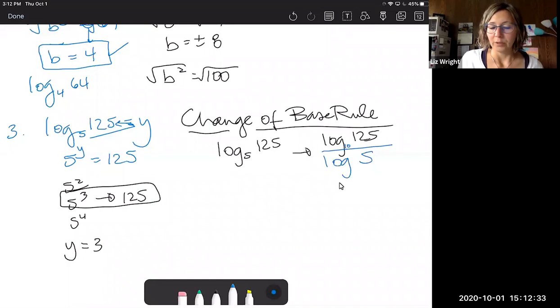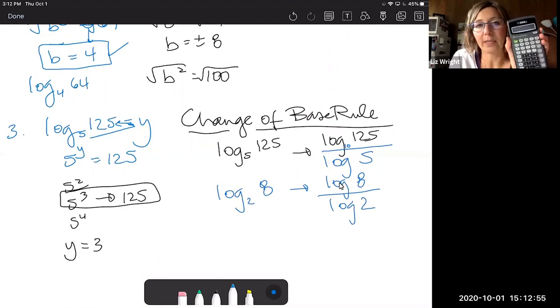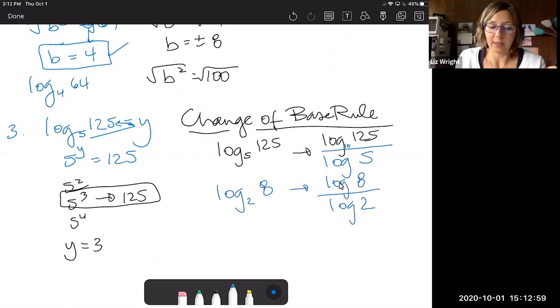If we did log base 2 of 8, with our change of base, it would be log of 8 divided by log of 2. In your calculator, at least in these calculators, you have to be super careful how you're plugging it in, because otherwise you're going to get the wrong answer. On my calculator, let's say I'm plugging in this top one.